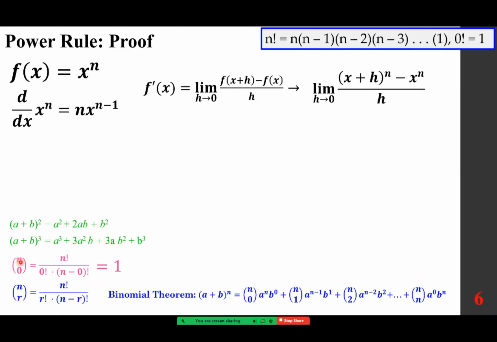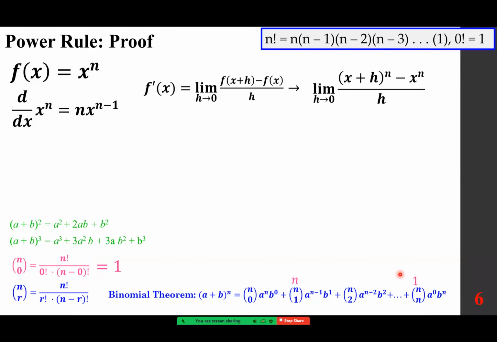So n factorial over 0 factorial times n minus 0 factorial: the first one becomes 1 because the n factorials cancel each other. If you work it out, this becomes n. If you work it out, this becomes 1. And the one before that becomes n. So you may recall those.